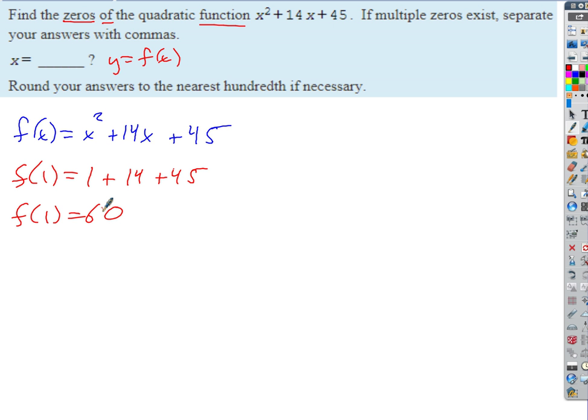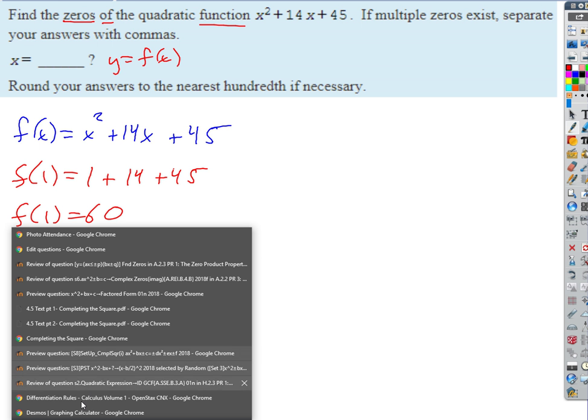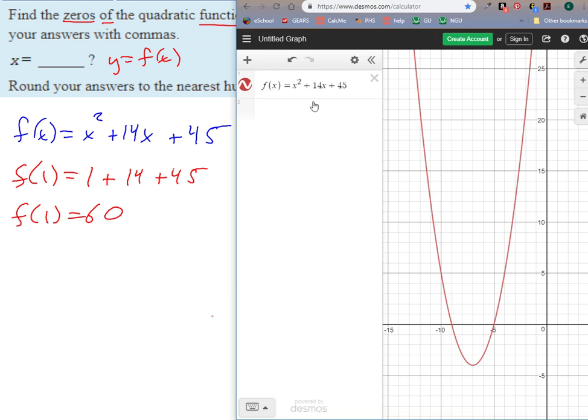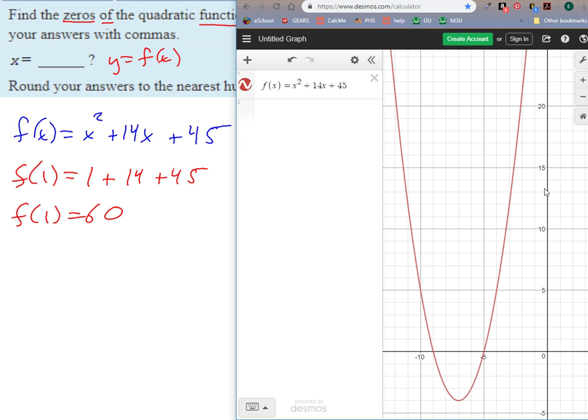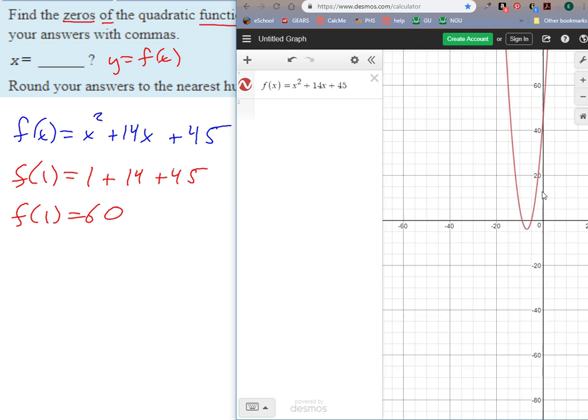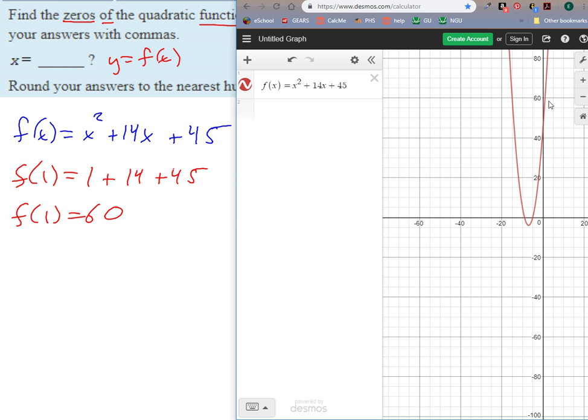60. So let's look on the graph. Where'd it go? There. Okay, so when x is 1, I'd have to go way up here, so I have to zoom out. But when x is 1, way up here, look. How about that, right? I can even show that on Desmos.